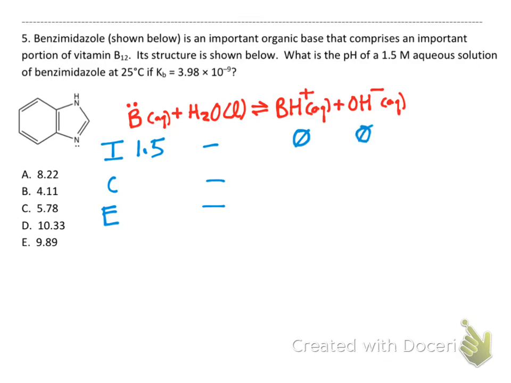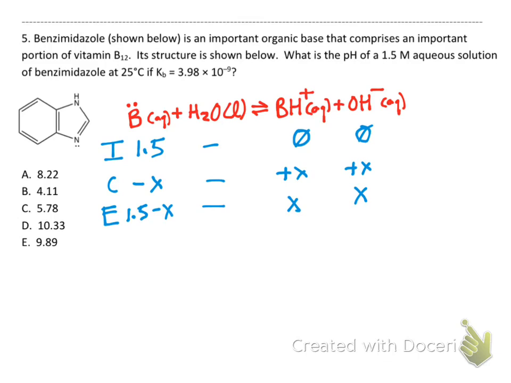And hydroxide, 0. Our change is going to be minus X, plus X, and plus X. And we're going to be left with 1.5 minus X for the equilibrium line for the base. 0 plus X is X, 0 plus X is X. And we know that that minus X is going to be negligible compared to the 1.5 molar, but not compared to the 0. But more on that in a moment.